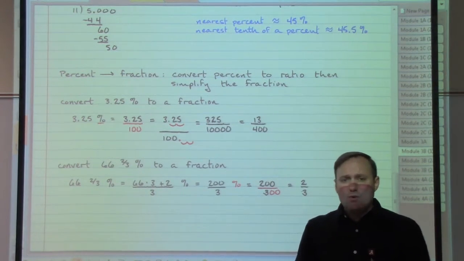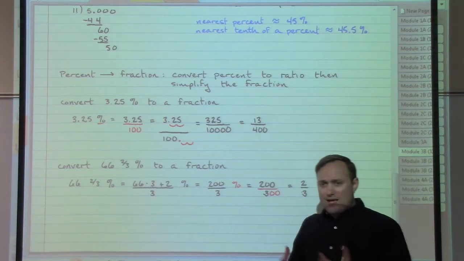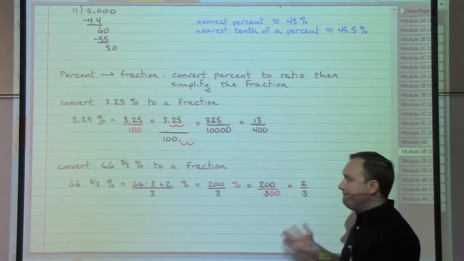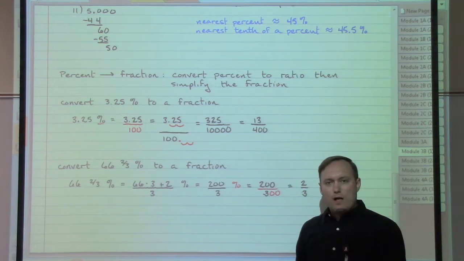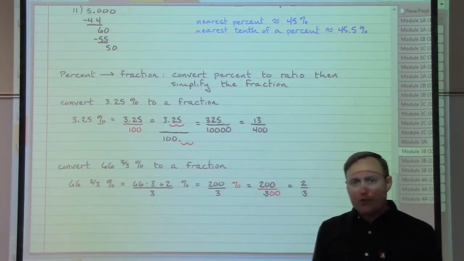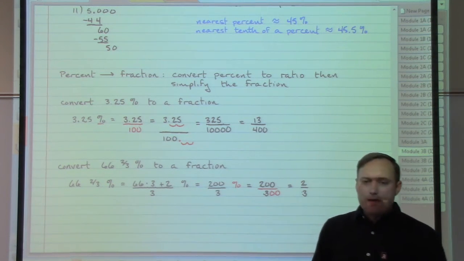But again, we're looking for something that's nice, that's the best that we can do based on our knowledge, and trying to make things as direct as possible. So, a little bit of that conversion to a ratio, a little bit of simplifying with fractions, that's about the best we can make it.